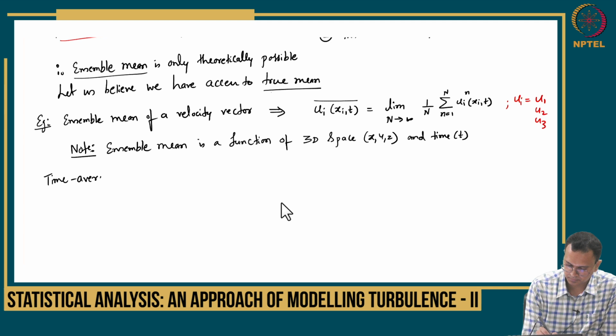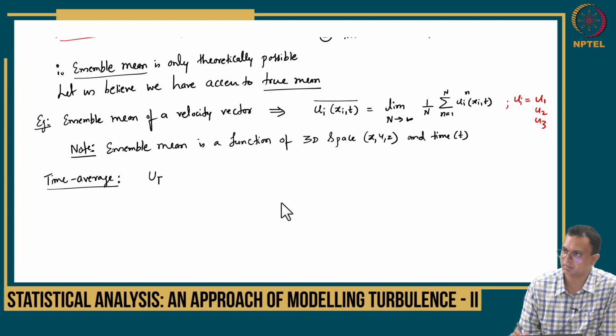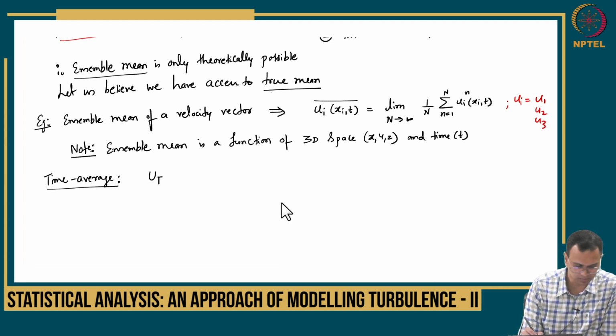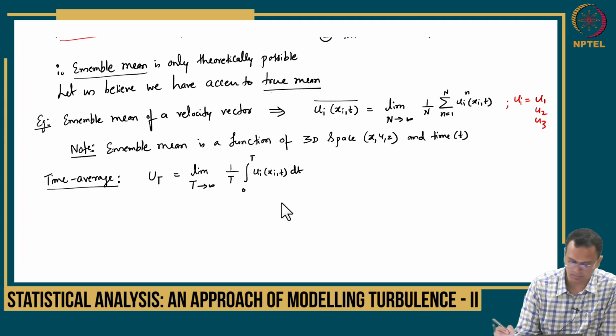Time average, let's call it ut, that I am averaging in time. This is in the limit t tends to infinity, 1 over t integral 0 to t of your velocity vector dt.